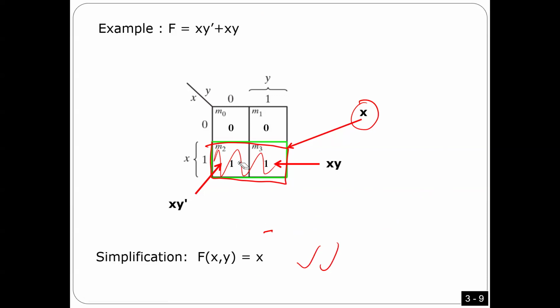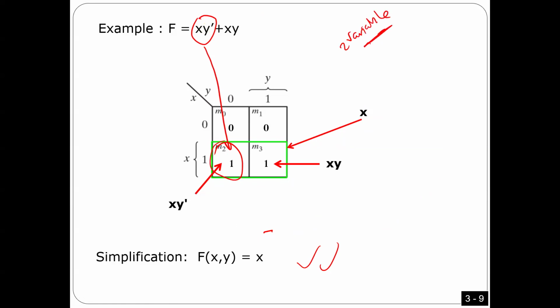Now I can tell you something important, guys. Look here. If a term has two variables, in the case of two-variable maps, it corresponds to only one square.